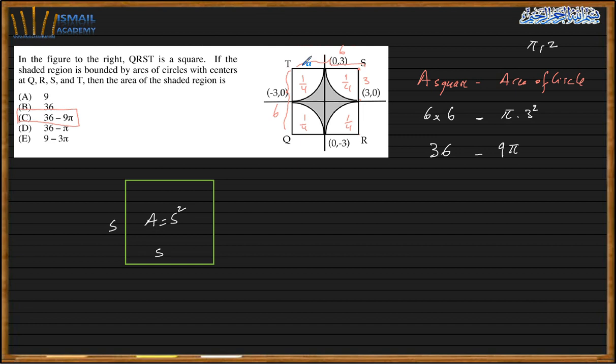To find the shaded region, what I did is take the 1/4 pieces of the circle in the square, and from it, it gives me this shaded region. So 36 minus 9 pi, and this is what the answer is.